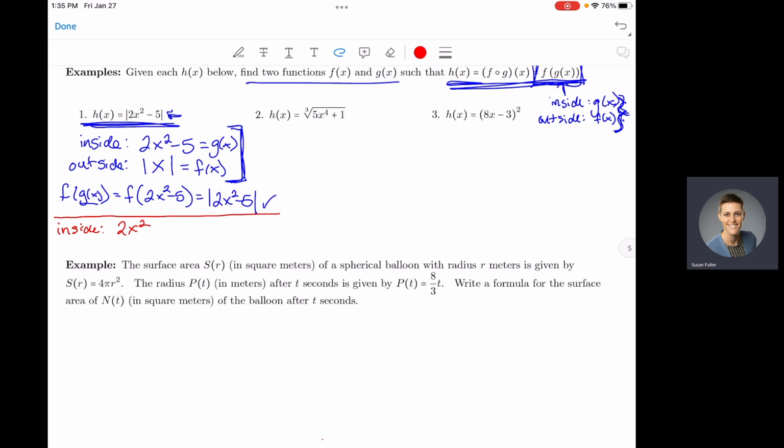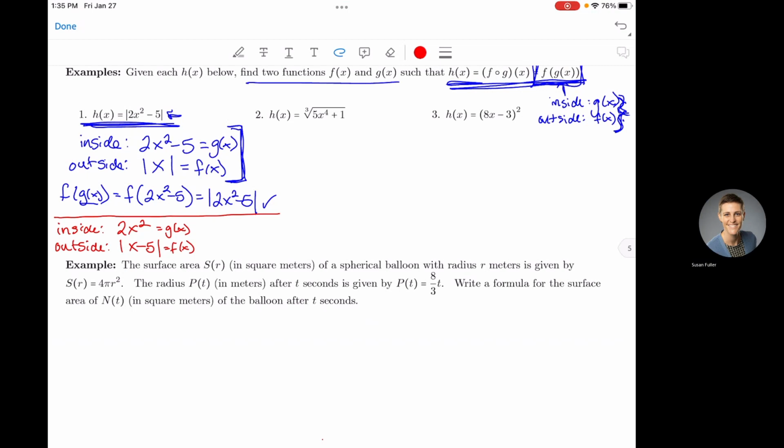Well, if my inside function was 2x squared, then the outside function that it is plugged into is going to be the absolute value of x minus 5. So my g of x could have been 2x squared, and in that case, the f of x that went with it would have been the absolute value of x minus 5.